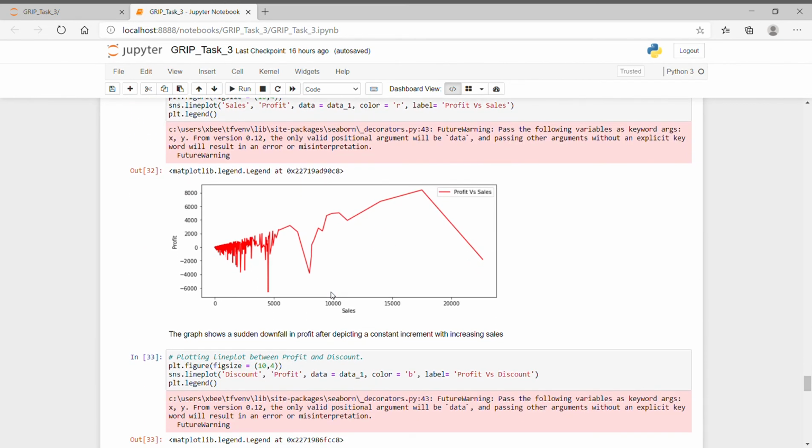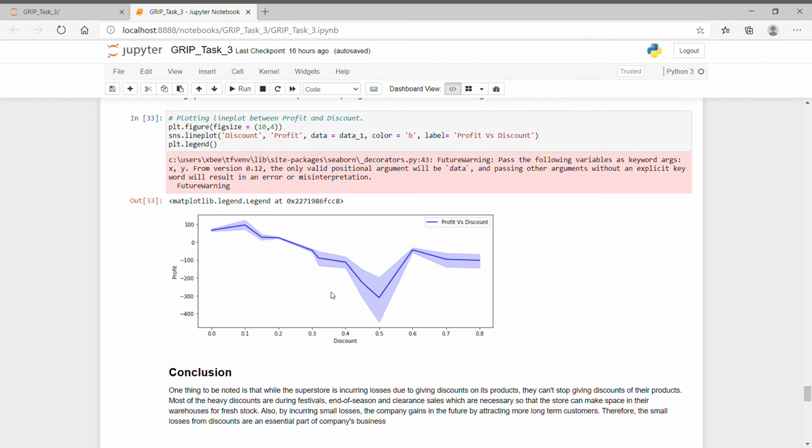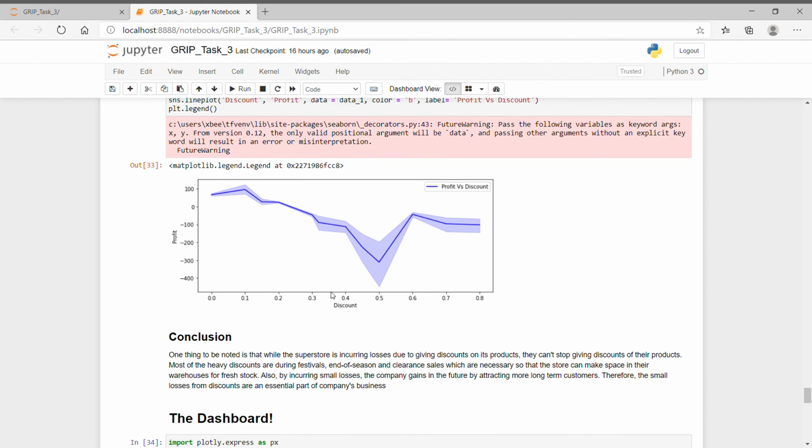When we increase sales, the profit increased up to a particular point, and after that it showed a sudden downfall. The discount curve is not constant, it is fluctuating.